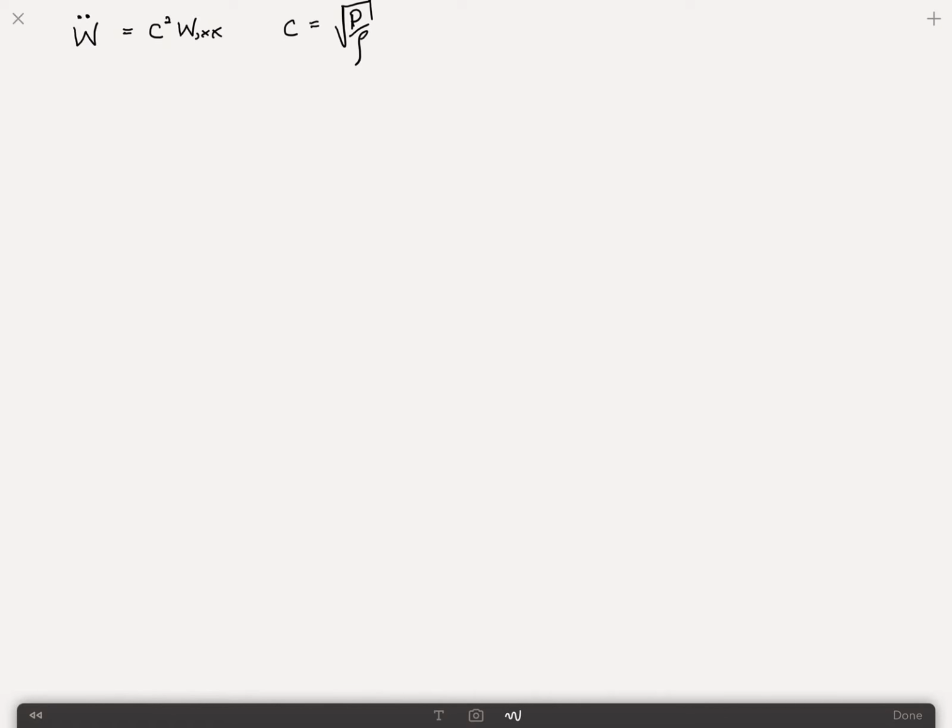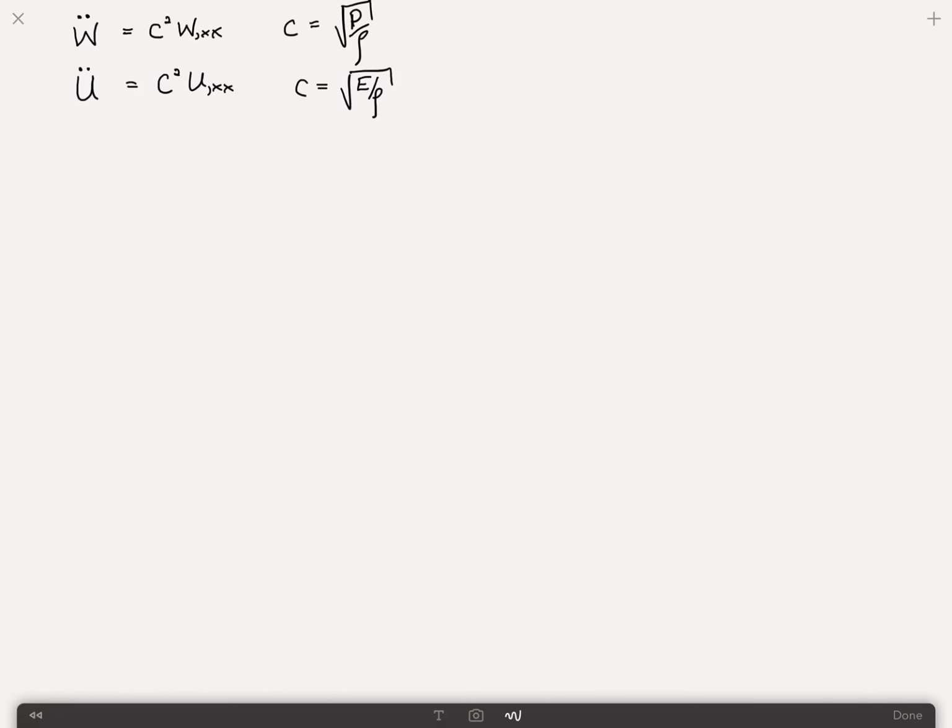And that is effectively the same equation that we got for longitudinal vibrations of a bar, where we had it in the form of u, the axial displacement, instead of w, the transverse displacement. But it was u double dot equals c squared u comma xx. And in that case, c was equal to the square root of E over rho.